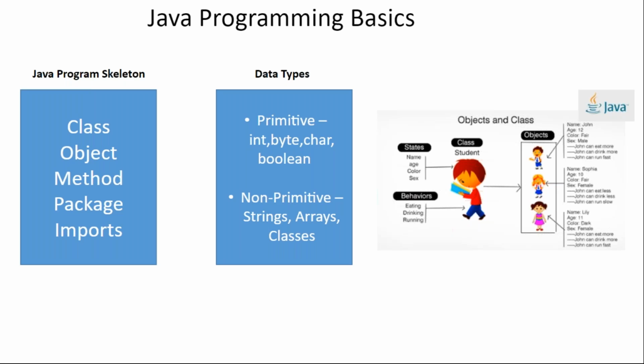So in Java, a program is nothing but a class file. In a class file, you're going to have multiple declarations, which store the data temporarily, and then you're going to have method 1, method 2, which do the operation. That is going to be your skeleton. Like one class file, there could be multiple class files: class 1, class 2, class 3, class 4. Everything is going to be packed into a package.